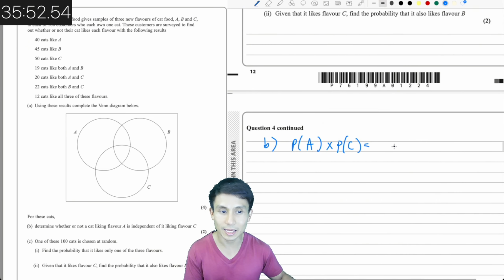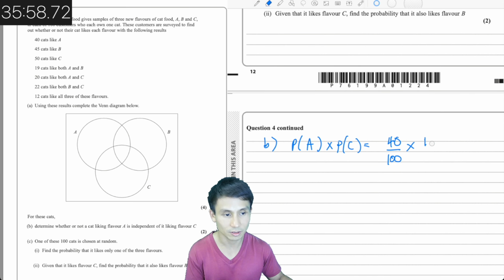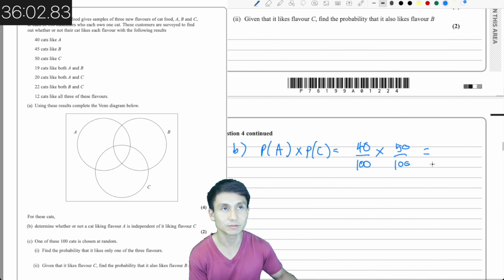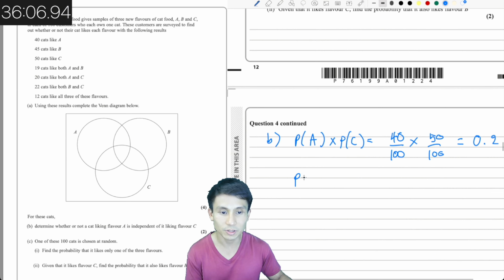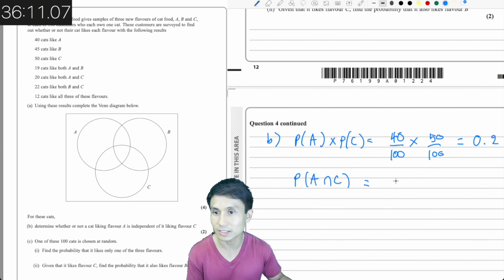Okay, so P(A) is 40 over 100 times P(C) is 50 over 100. That's 0.4 times 0.5 is 0.2, right? And then P(A intersect C) is basically A and C, so it's 20 over 100, right? Which is 0.2.